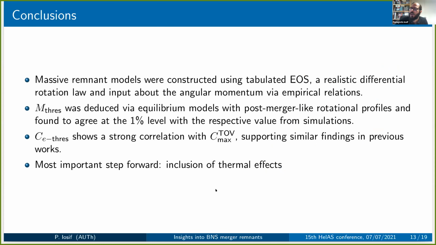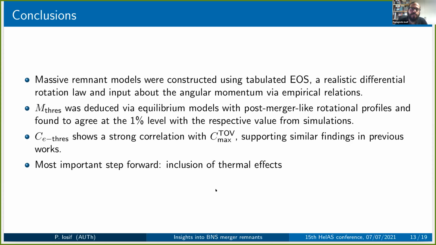So I will summarize. What we did was construct massive remnant models with cold equations of state, a realistic differential rotation law, and input for the angular momentum via numerical simulations. We found a very good agreement for the threshold mass value via equilibrium modeling compared to the simulated values at the 1% level.